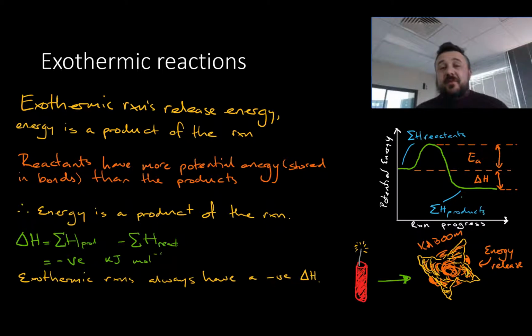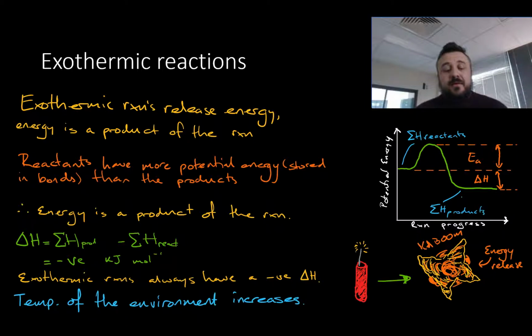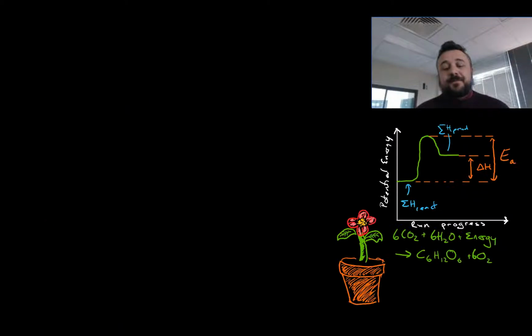And so they'll always have a negative delta H, and they'll always release energy. One of the ways we can check this is that the temperature of the environment increases. Delta H we can't actually measure directly, so we use measures of environmental change to see what the difference is between the energy stored in the bonds.